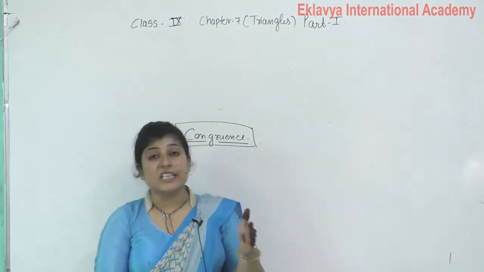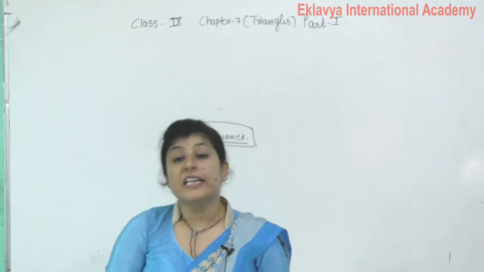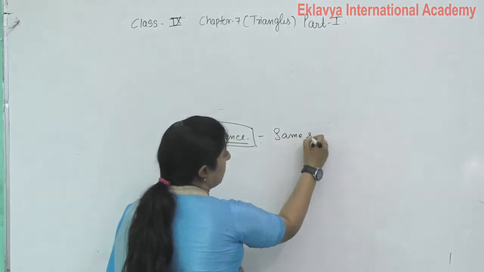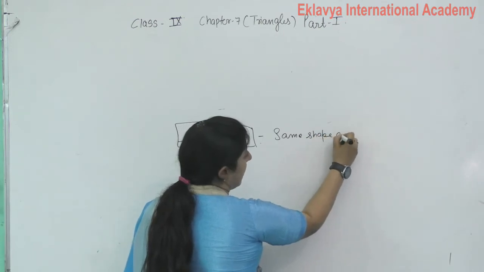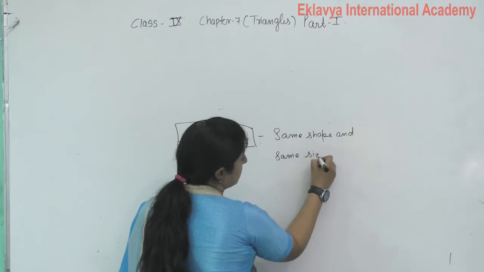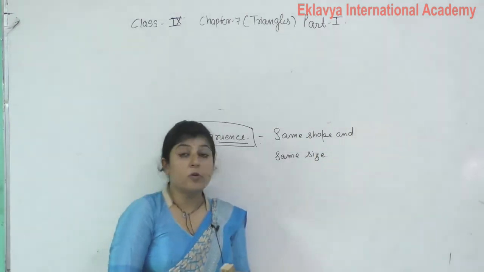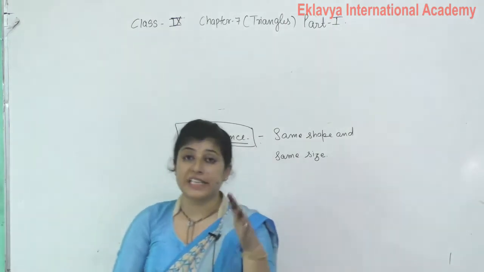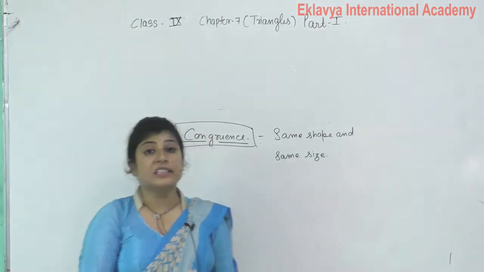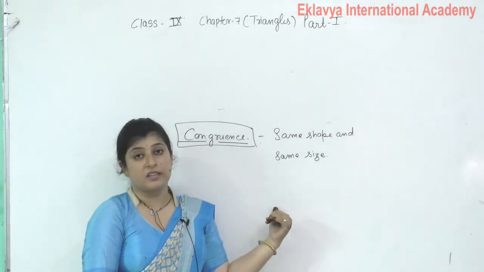Two figures are said to be congruent if they have the same shape and the same size. If two figures have the same shape and the same size, then they are said to be congruent.